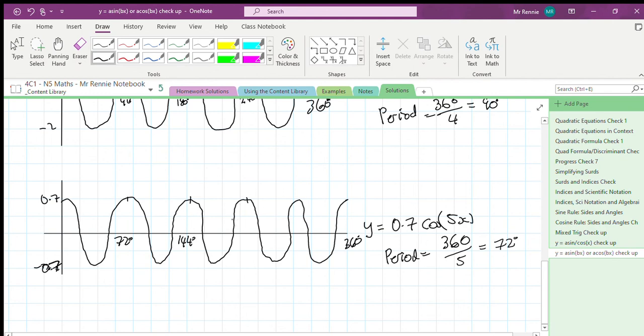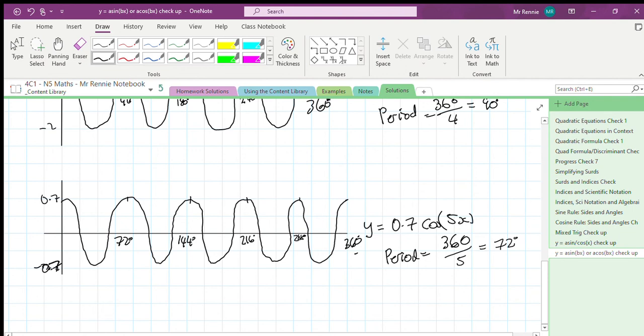Okay, 144 plus another 72, that would give me 216 degrees, I believe. Add another 72, that would be 288. And the last graph would be completed at 360 degrees there.